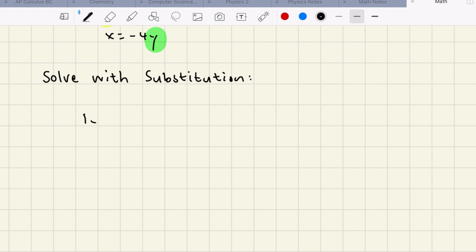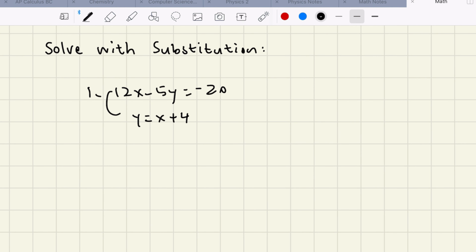Number one: 12x minus 5y equals negative 20, and y equals x plus 4. You have two equations here and two unknowns, x and y. What you can do is substitute y in for one of the variables. This one is already done for you, as you can see, it is in a good form.